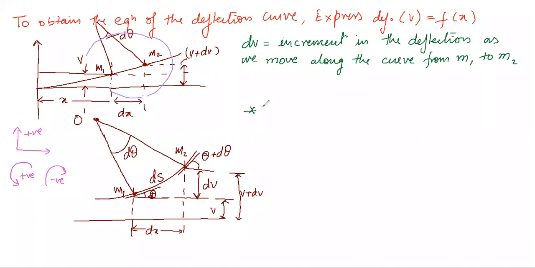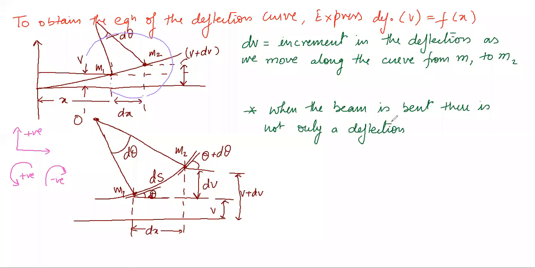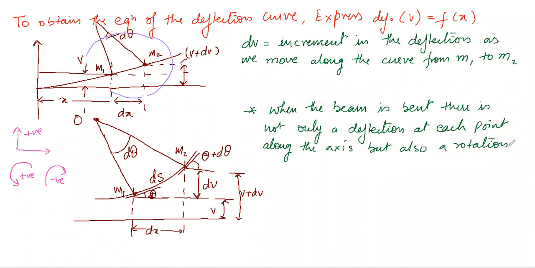So we are going to write this term like: when the beam is bent, there is not only a deflection at each point along the axis, but also a rotation, right?